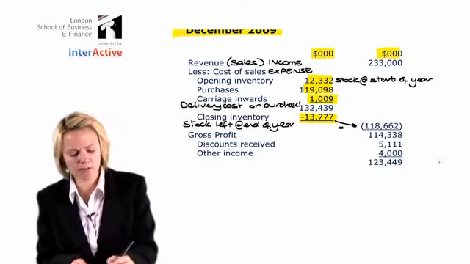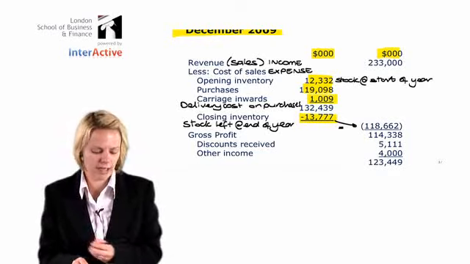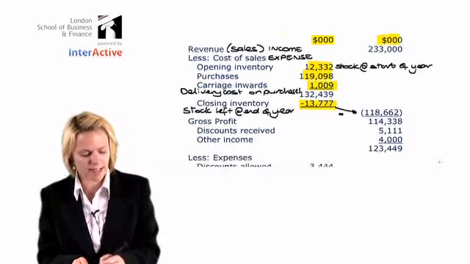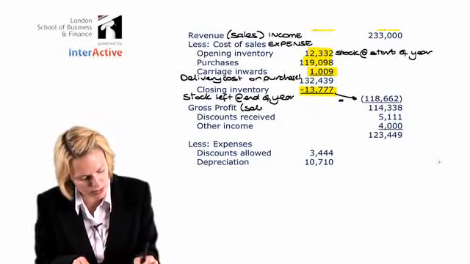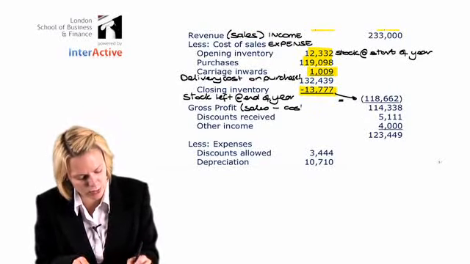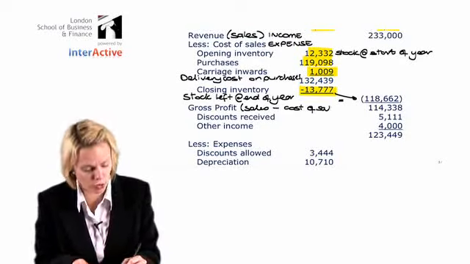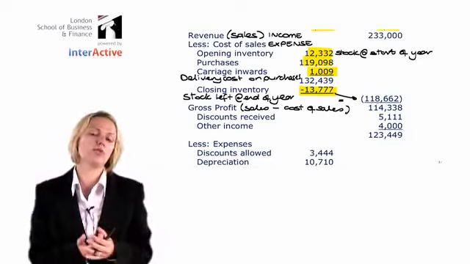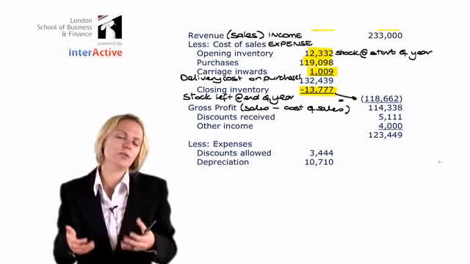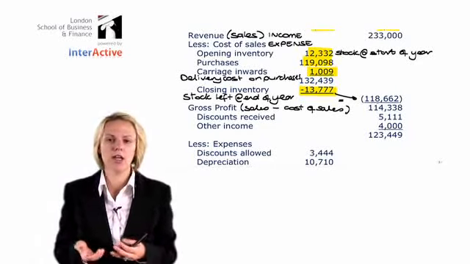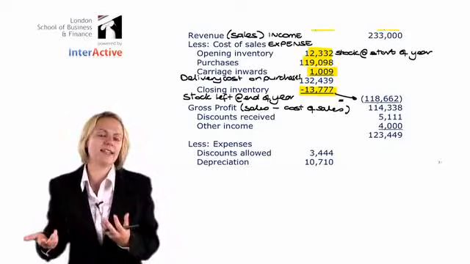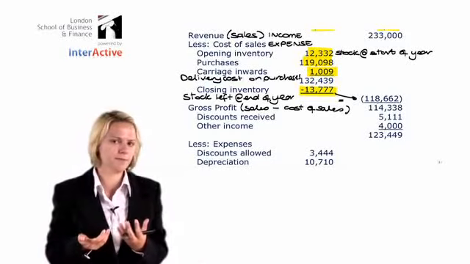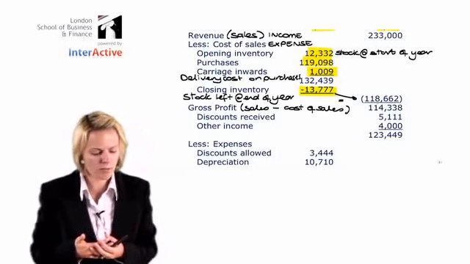And that's going to come off the total sales revenue in the year. And that's going to give you gross profit. So sales minus cost of sales, the cost to make what you sold, will give you a gross profit. And that's known sometimes as your trading profit, your main profit from buying and selling goods from your main operating activity of your business. Okay?